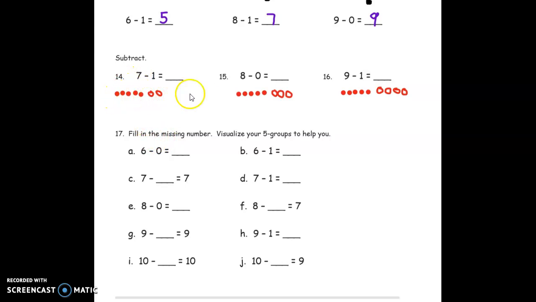I have drawn them to help me visualize. 7 subtract 1. If I subtract 1, I have 5, 6. Number 15. If I subtract 0 from 8, I still have what number? 8.